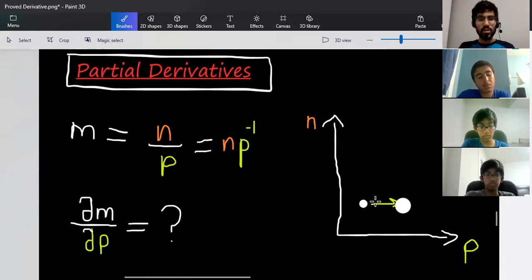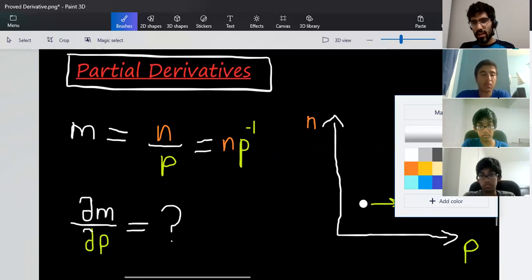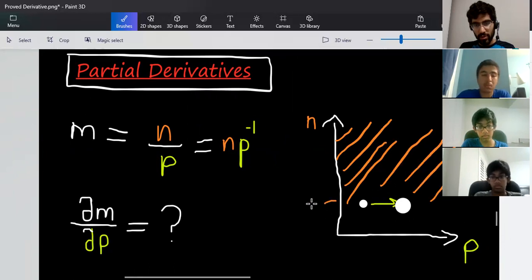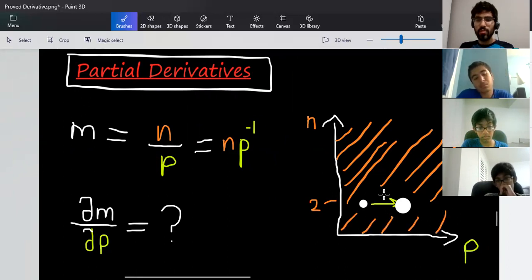But in this case, what we're actually going to do is pretend all of this n, all of these spaces with n, are blocked off. You cannot change n, okay? N has to stay at this value. Let's say n is equal to 2. And everything else is blocked off. So you can only move p.